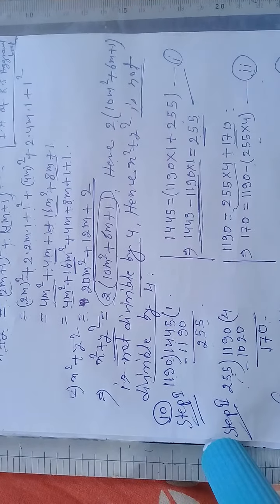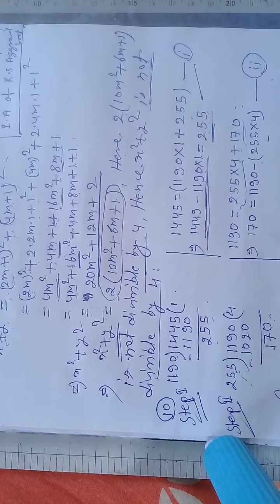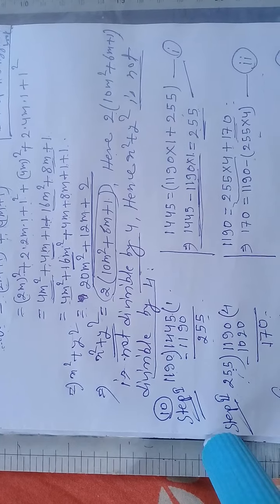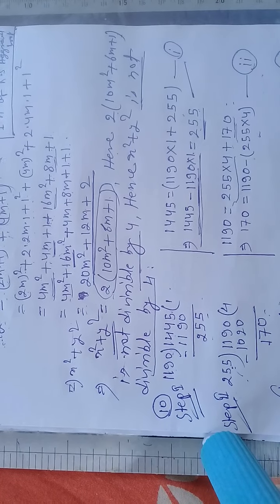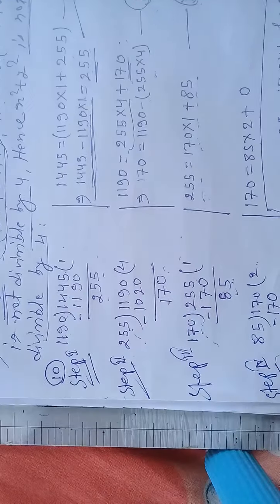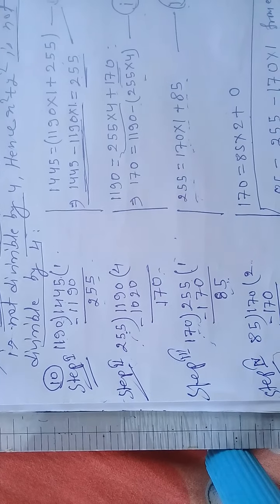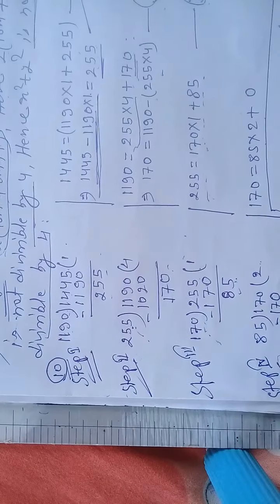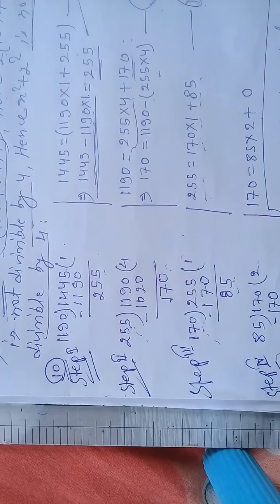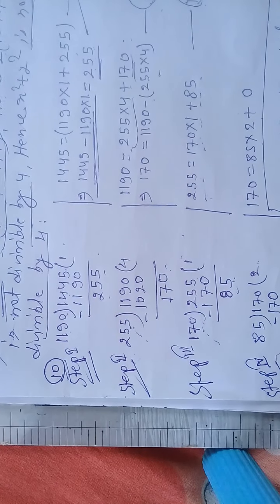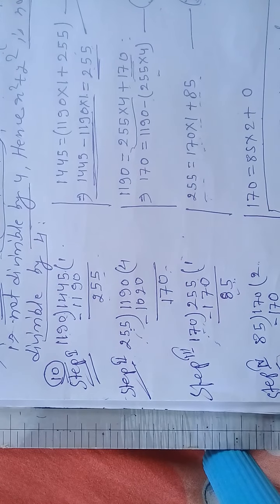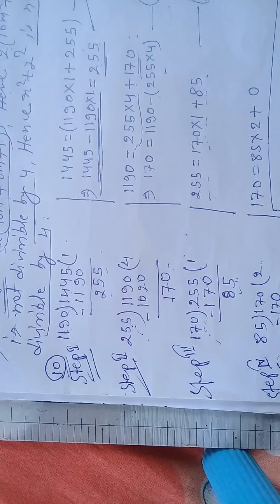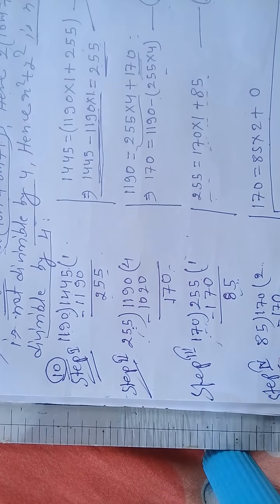Now question number 10 of this exercise: use Euclid's algorithm to find the HCF of 1190 and 1445.